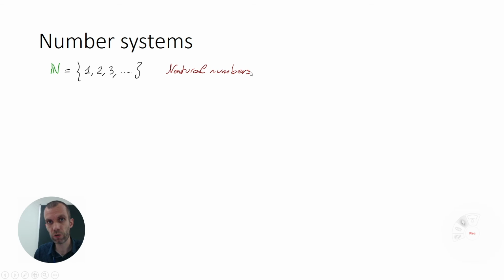And these numbers, if you think back about history, they basically show up when you want to do things that involve counting. So I have 1 sheep, 2 sheep, and so on, counting.